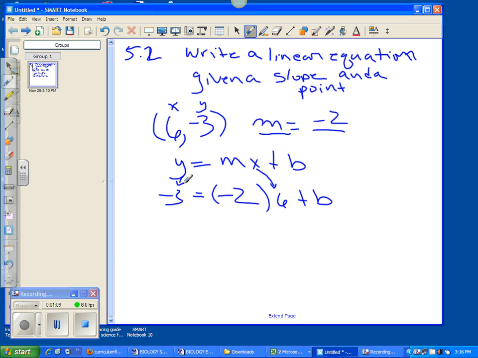So then you just work through the equation. In this case, -2 times 6 is -12, plus b is equal to -3. Isolate the variable b by adding 12 to both sides.